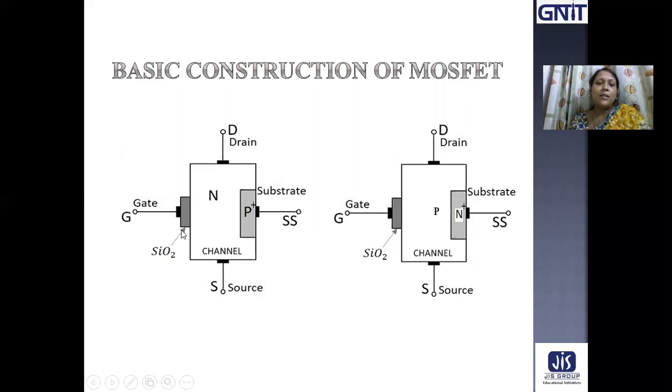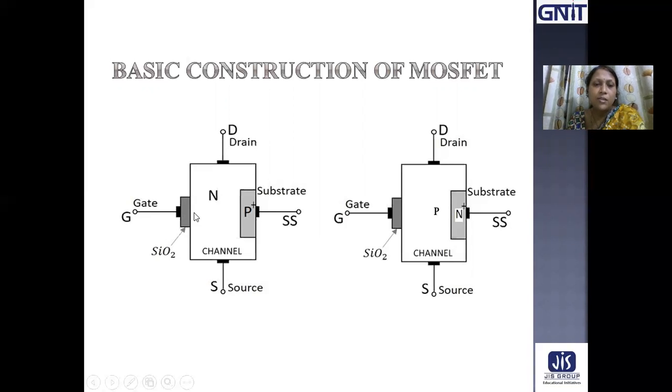But the SiO2 layer between the gate terminal and the bulk silicon or the channel was not there. That is present only in the MOSFET. That's why the name: this is metal, this is oxide, this is semiconductor.